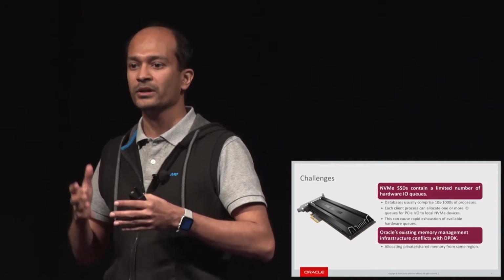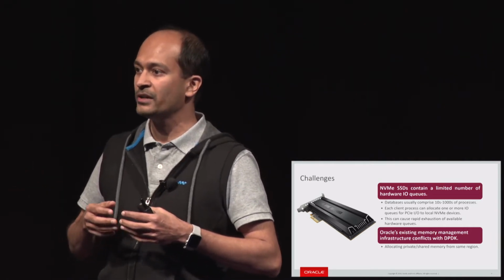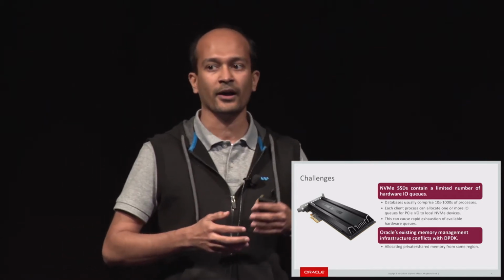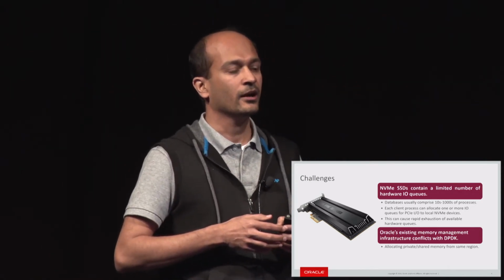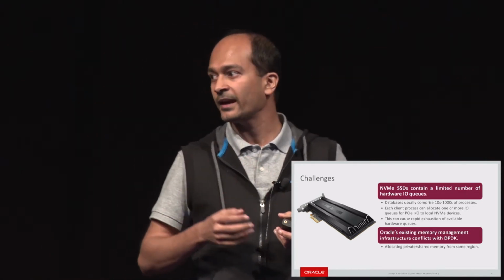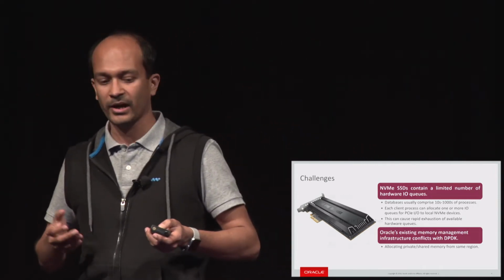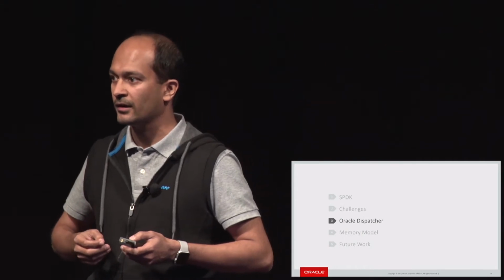That doesn't quite work in the Oracle RDBMS deployment. So that was a challenge that we also had to solve as part of the integration that we had to do for SPDK with the Oracle database. Moving on, Bang will come up and talk about the Oracle dispatcher, which helped us solve the hardware queue limit.